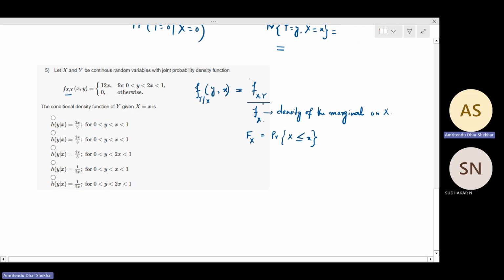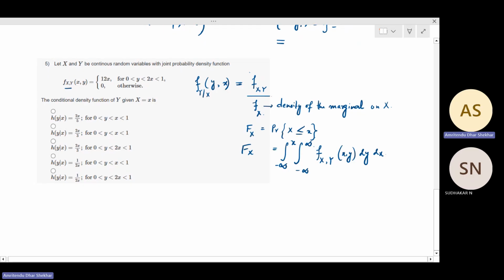If you have the density function, then that is given as the integral from minus infinity to x, and y varies freely. That is, of course, the marginal on x.